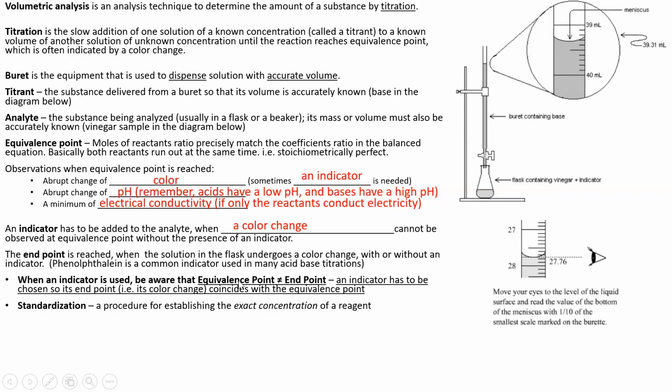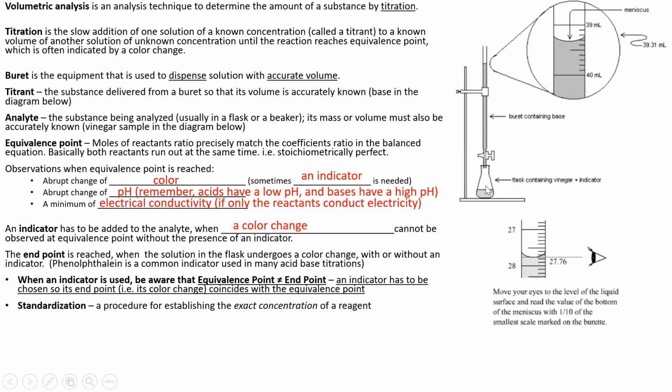If you were doing a chemical reaction, you have to select a good indicator where these would match. It's possible that you would have a problem where we are asking you to identify the best indicator, and you'd just be selecting one where the endpoint and the equivalence point match. Standardization is a procedure that is used to establish the exact concentration of a reagent.